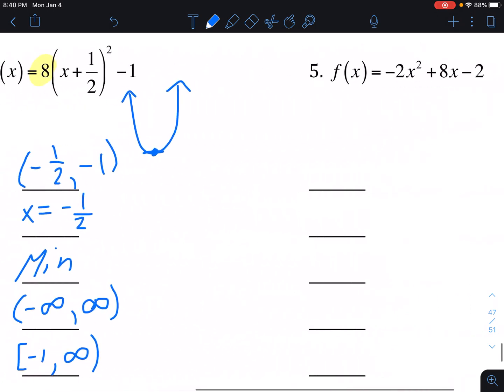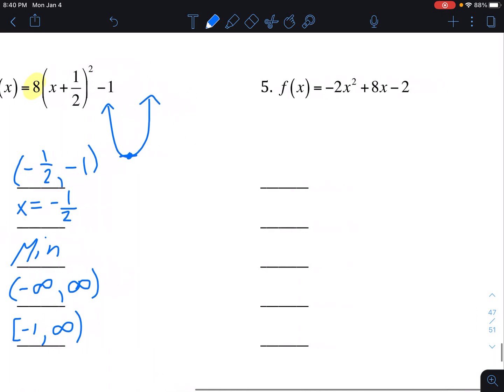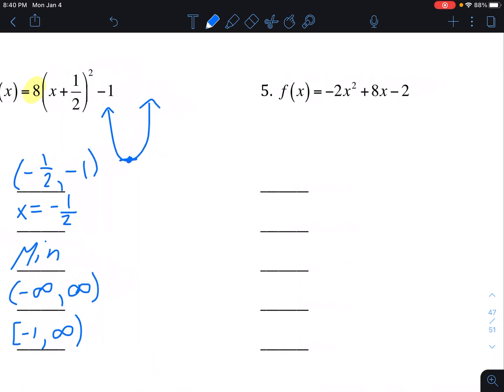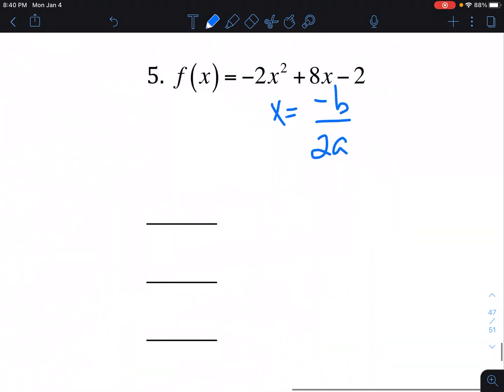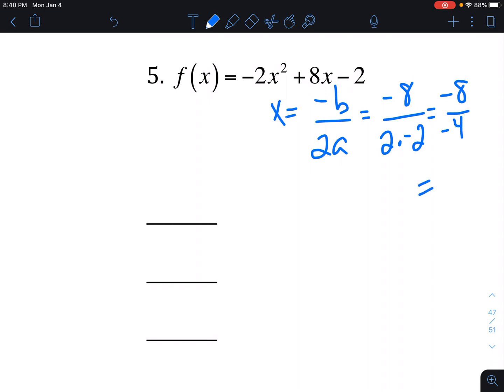Number 5 is in standard form. So to find the vertex, we've got to start off with x equals -b over 2 times a. So the negative b is -8 over 2 times the a, which is -2. So it'll be -8 divided by -4, which is 2. And then we've got to plug it into the formula.